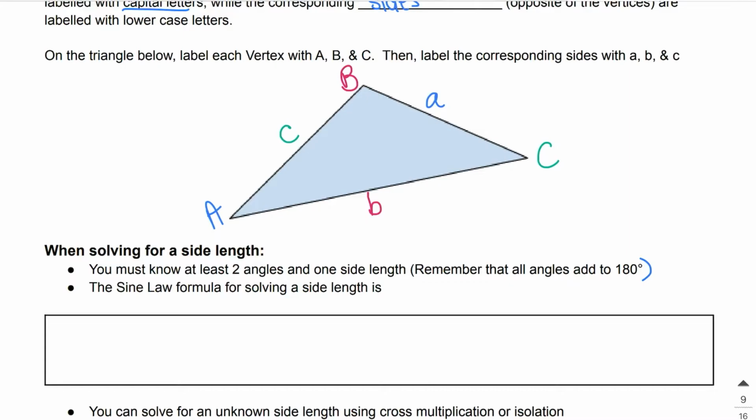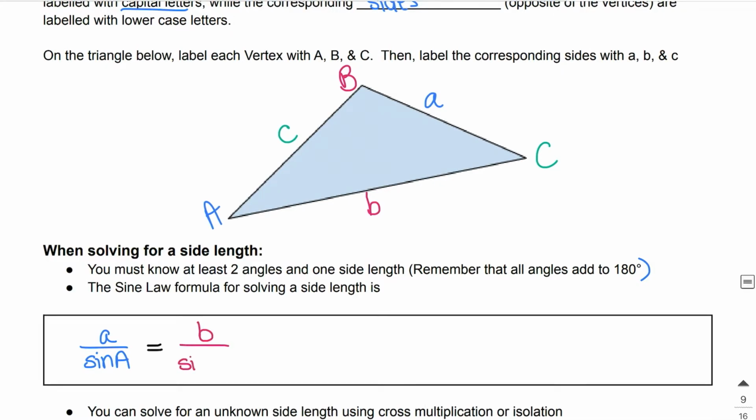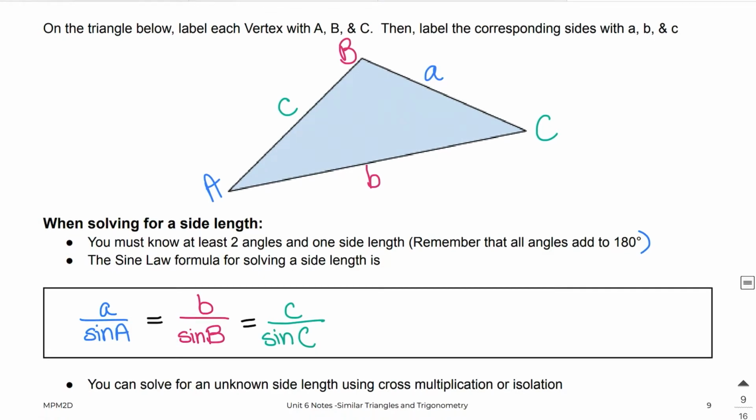So this is the formula for sine law, and it's just what we had looked at right now. If I take side a and divide it by the sine of angle A, that ratio is going to be equal to side b divided by the sine of angle B. Sorry, if I said side A here, I meant to say angle A. And that will also be equal to the ratio of side c divided by the sine of angle C. Okay, and then you can solve for an unknown side length using cross multiplication or isolation.